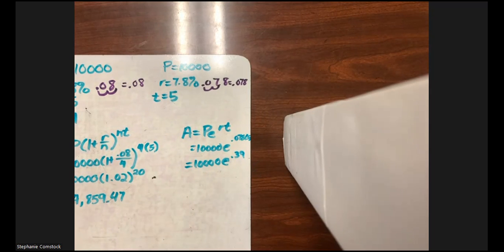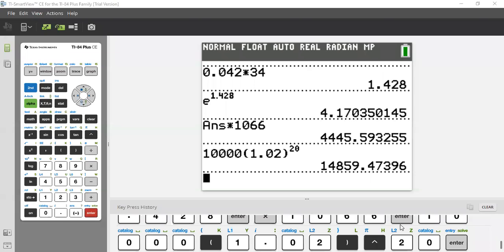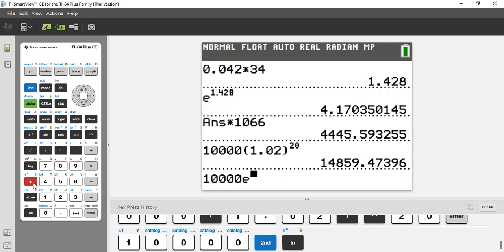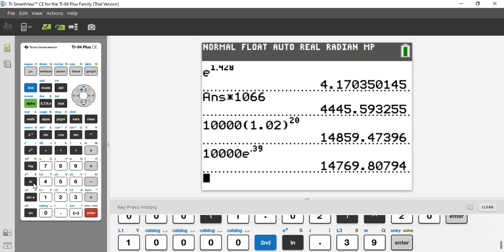Now I'm going to pull that up on my calculator. I'm going to do 10,000, my e, and 0.39. I'm going to press enter. So I get that this one is $14,769.81. We are going to round appropriately for that one.